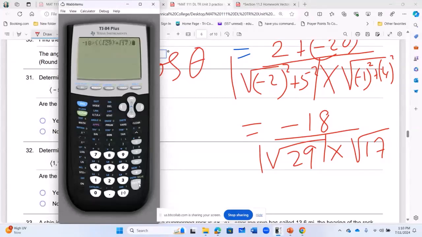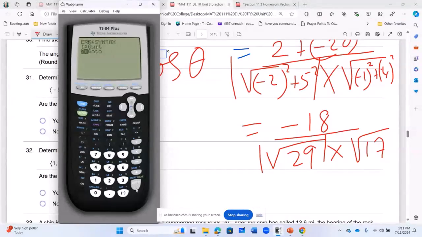Let me delete those. What I'm going to do is enter the square root of 29, close that parenthesis, multiply by the square root of 17, and I have 17. Okay, and I have enter.